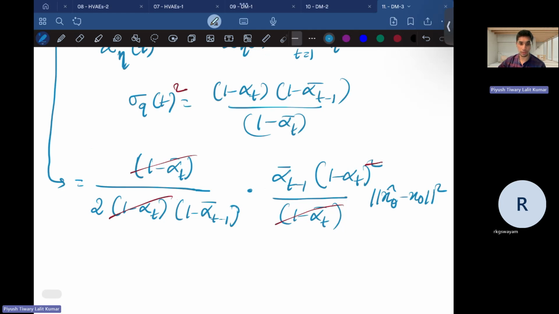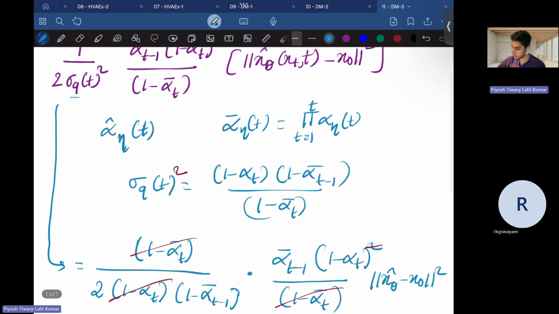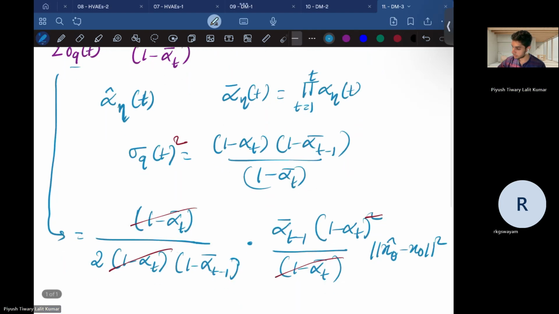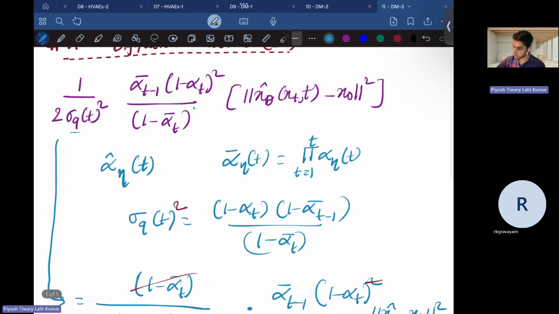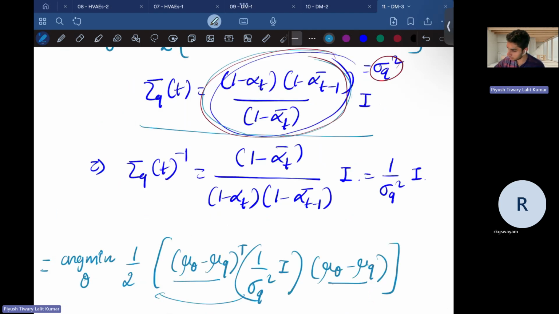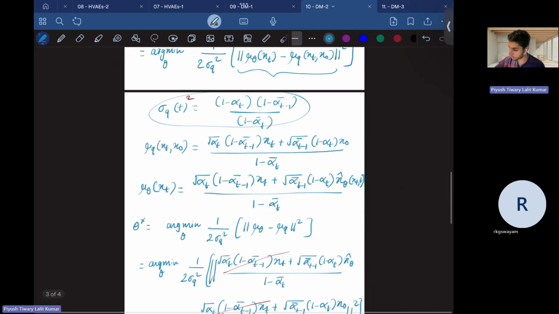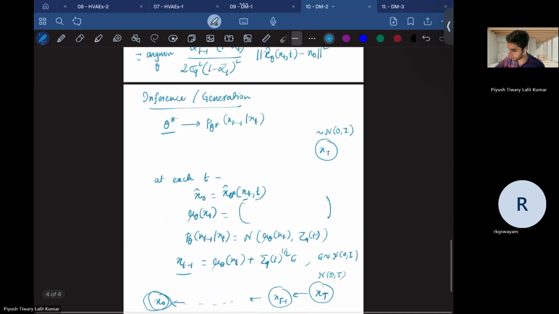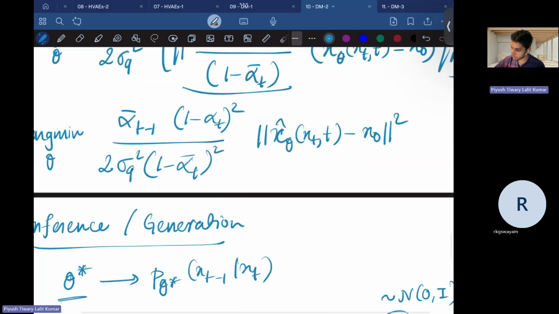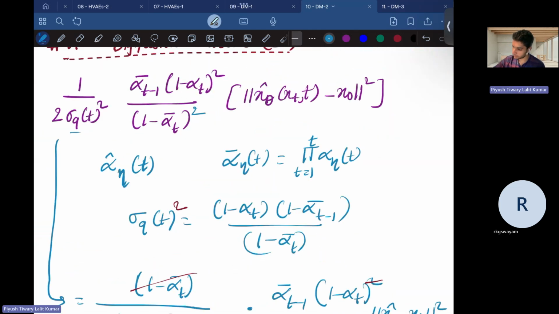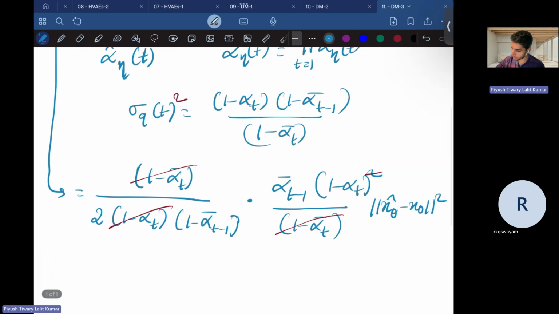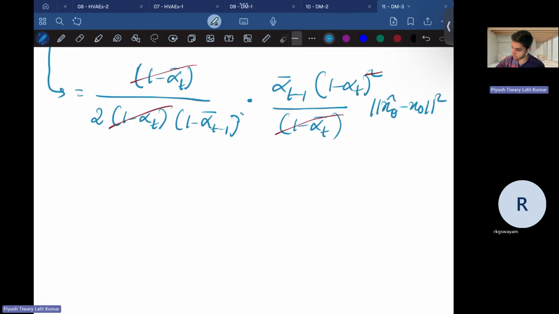I think I'm doing something wrong. Should this be 1 minus alpha t bar whole square? Let me see. I think that is whole square. Oh right, this is whole square. I'm getting confused.